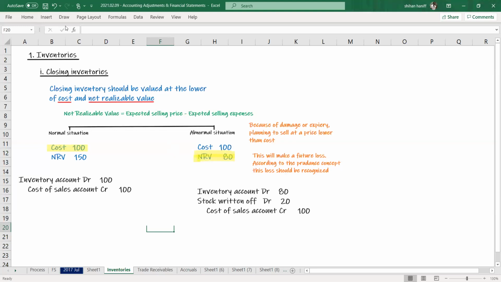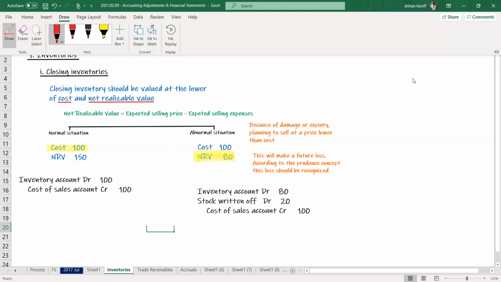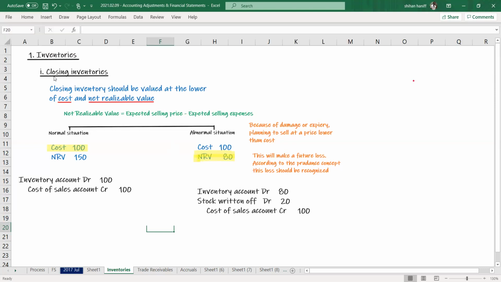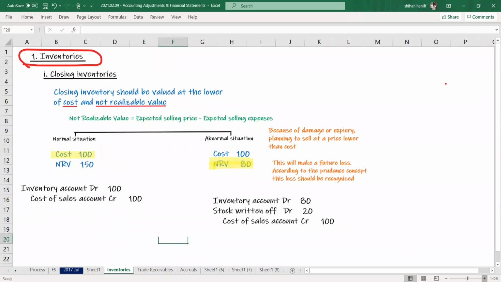Okay. So here I'll explain the inventories. The inventories number one is closing inventory. Closing inventory should be valued at the lower of cost and NRV. Better you write this note.